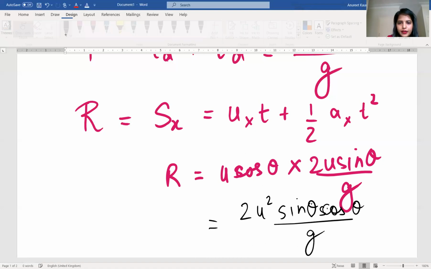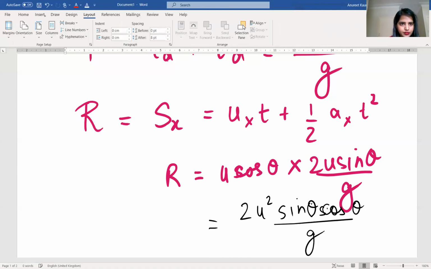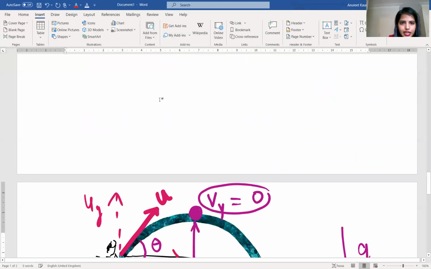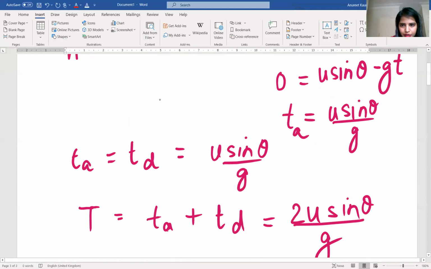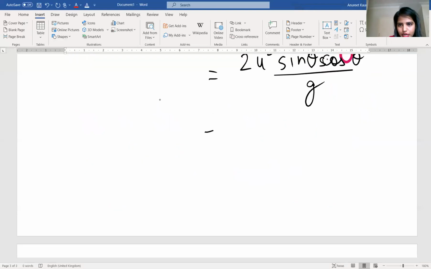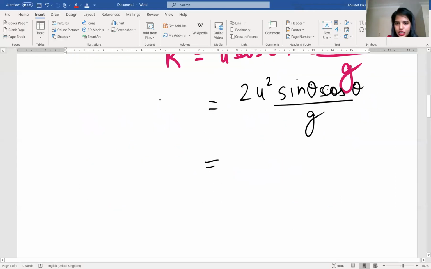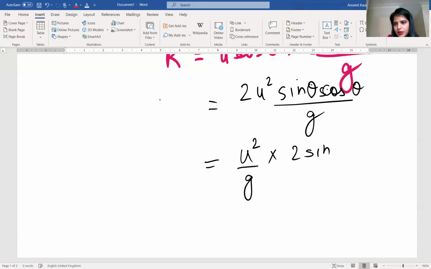Now, look here. This is u squared sine theta cos theta by g, so u squared by g, and can I write this as 2 sine theta times cos theta?